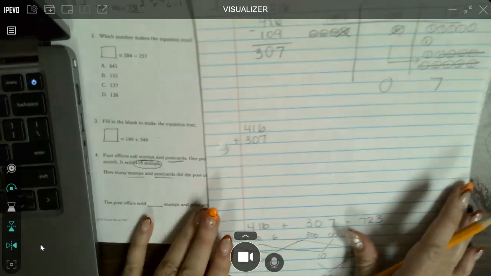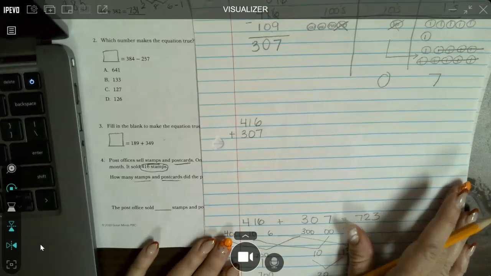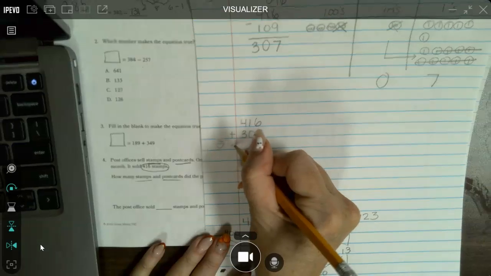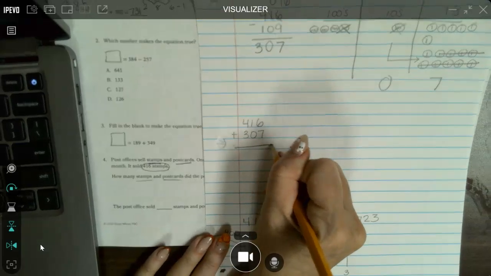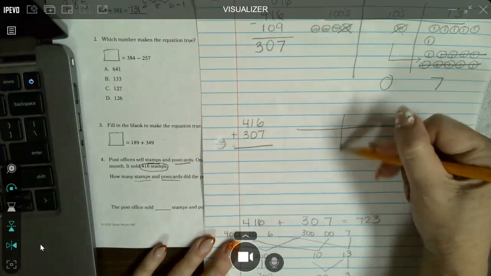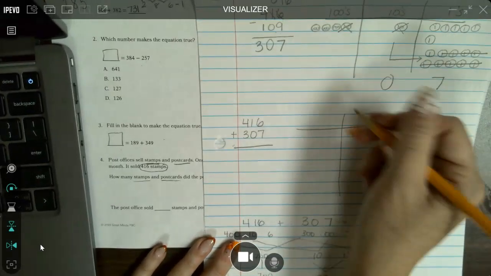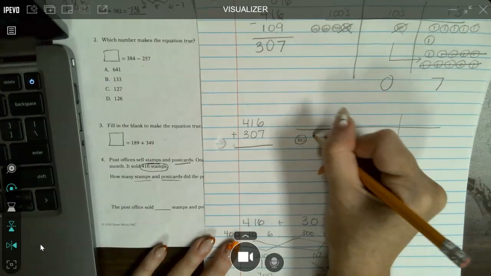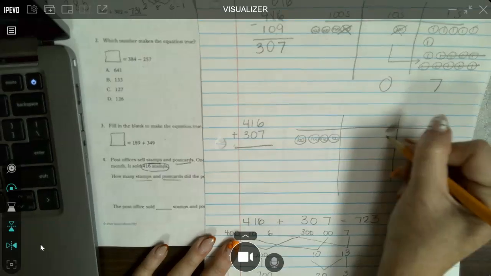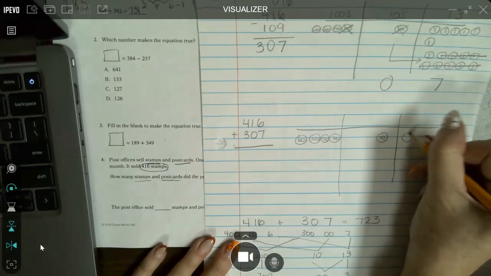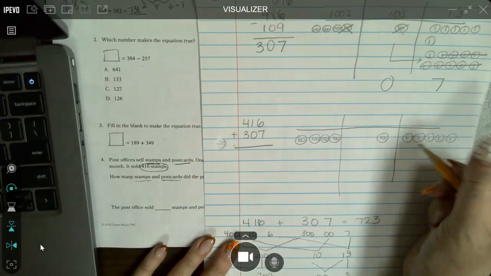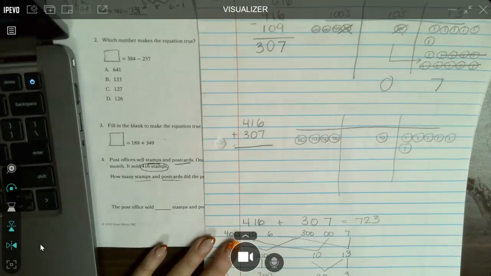Okay? If they prefer, they can use the traditional algorithm. But again, we recommend that if they're doing this, they also draw the place value just to double check their work. 100, 200, 300, 400, 10, 11, 12, 13, 14, 15, 16.